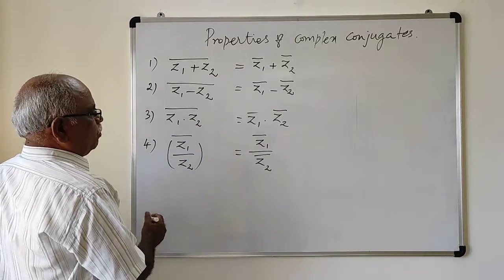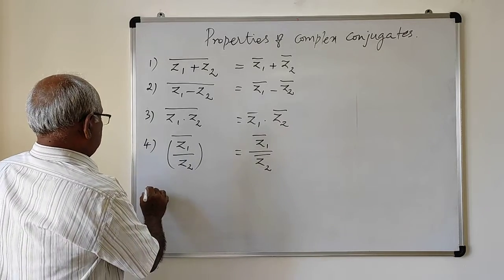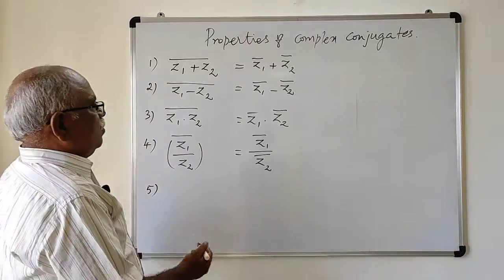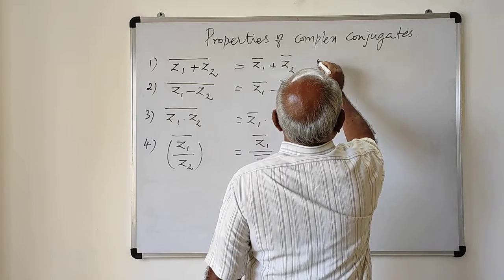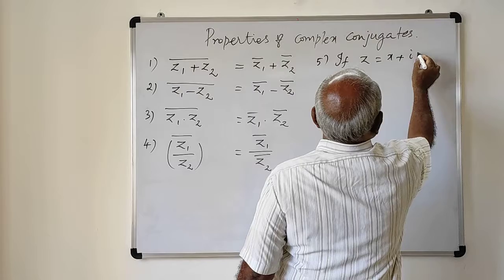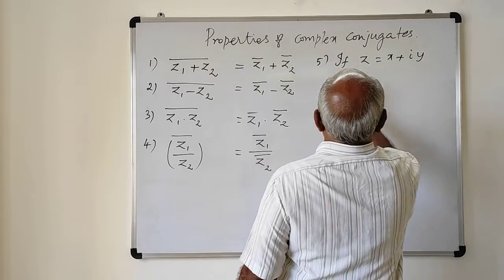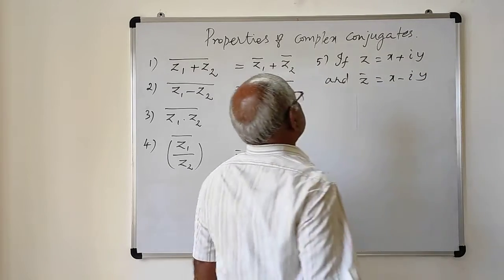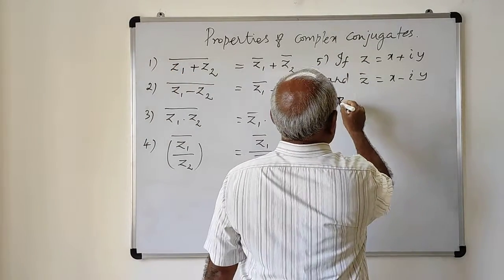Fifth one. If Z is a complex number x plus iy, and Z bar is x minus iy, what is Z plus Z bar?